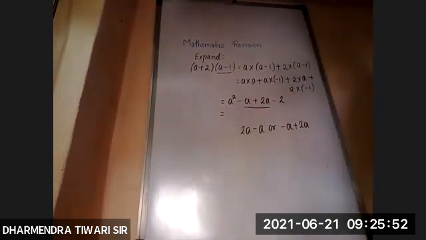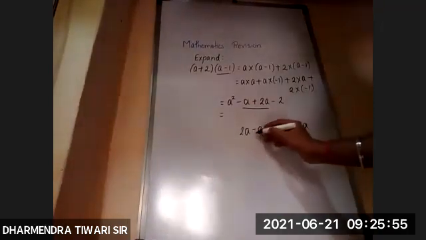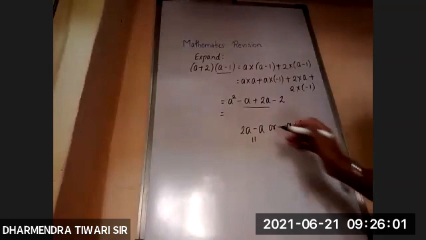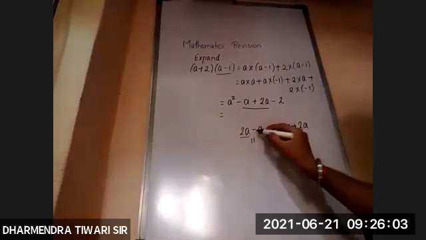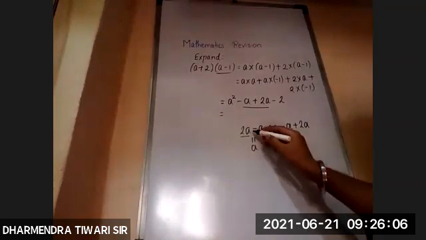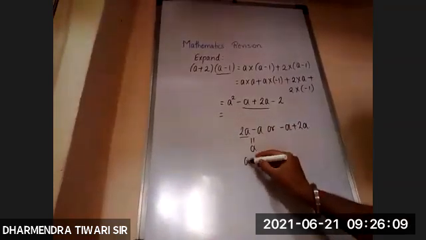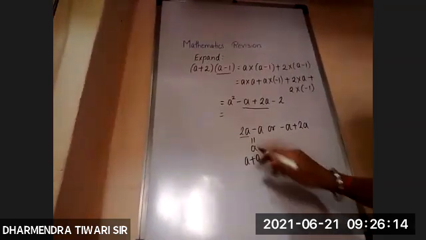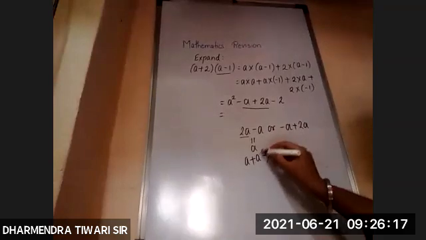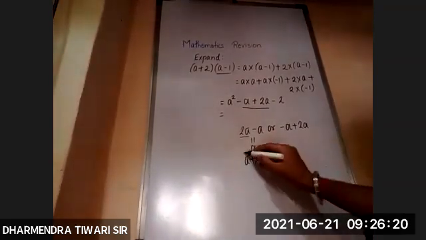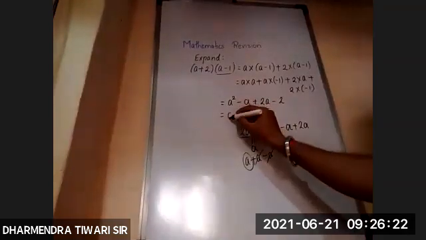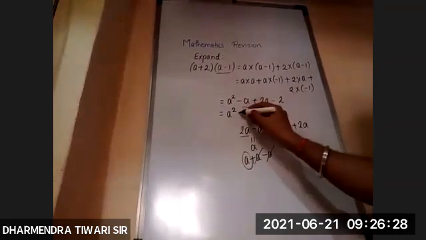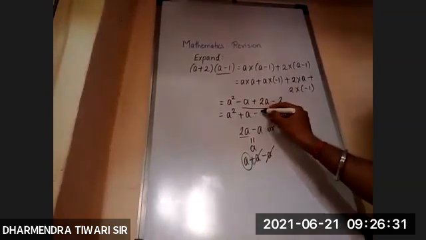Both mean the same. 2a minus a, answer is a. If you don't understand, you can write 2a as a plus a, after that minus a. You can cancel these two terms. What remains? Only a. So a square, only a I am getting with plus sign, and here minus 2. Done.